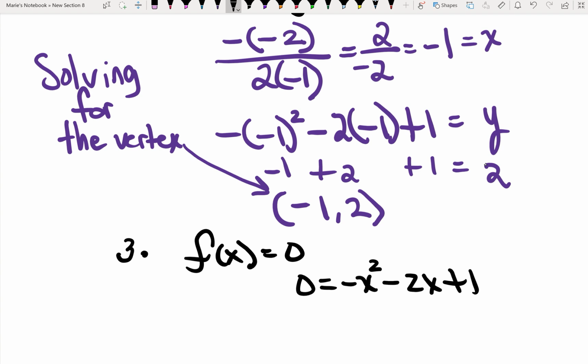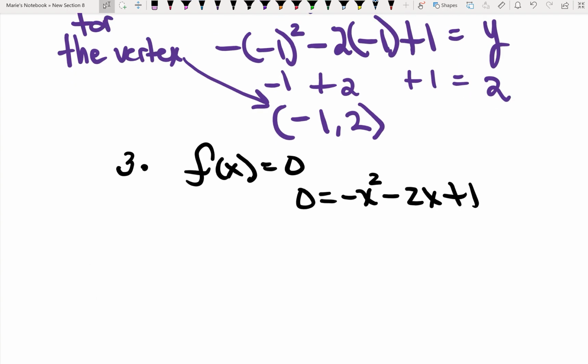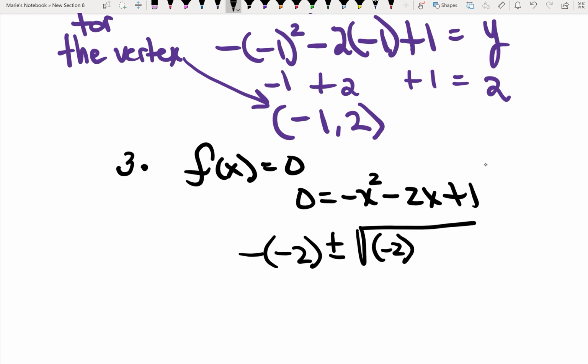You're going to consider in this case that we're going to have to use the quadratic formula, because we don't really know what to do with that negative. So we're going to say minus 2 plus or minus the square root of negative 2 squared minus 4 times negative 1, which is a, times b, which is 1.